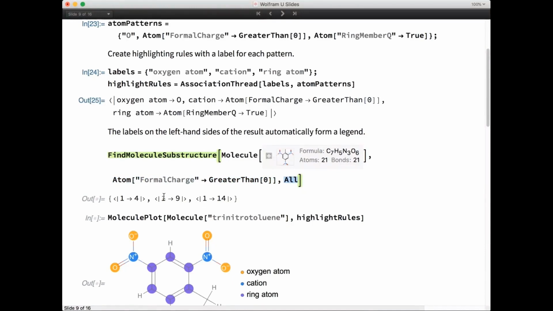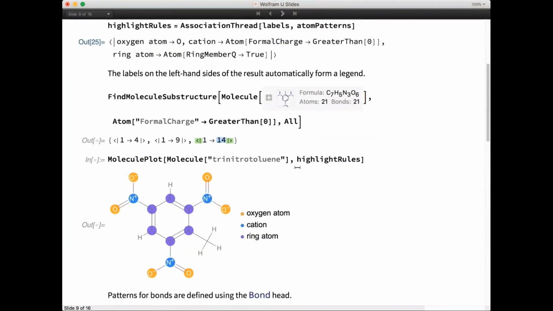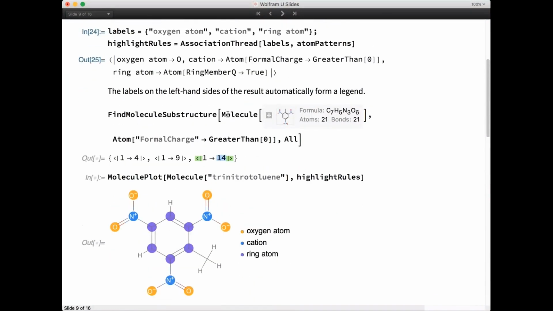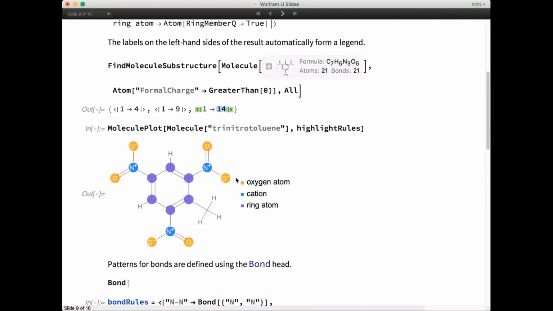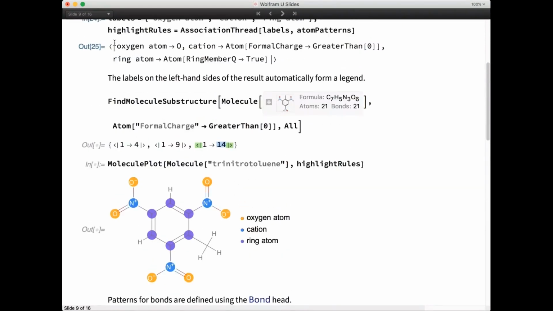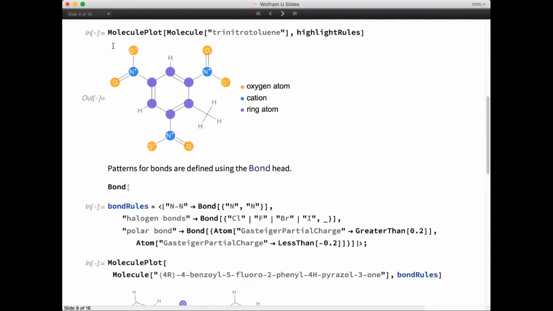We find that they exist at positions 4, 9, and 14. We can plot them. We can take those highlight rules up here and plot them, and you can see the oxygen atoms, the cations, and the ring atoms. And remember, we defined these labels up here in this association.